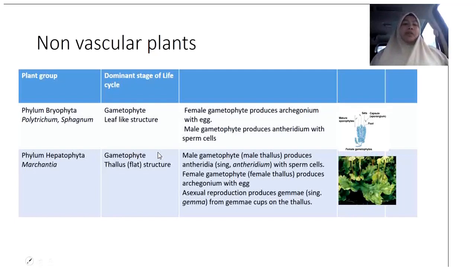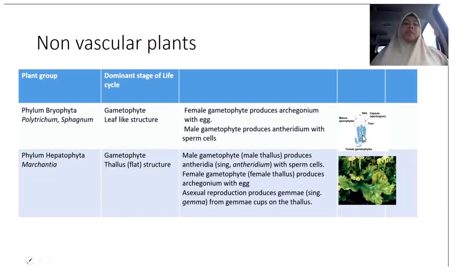For phylum Bryophyta, the gametophyte has a leaf-like structure, while for phylum Hepatophyta, for example Marchantia species, the gametophyte has a thallus, or flat-like structure, as you can see from this picture. This is the flat, thallus-like structure, and this is the leaf-like structure of the gametophyte.